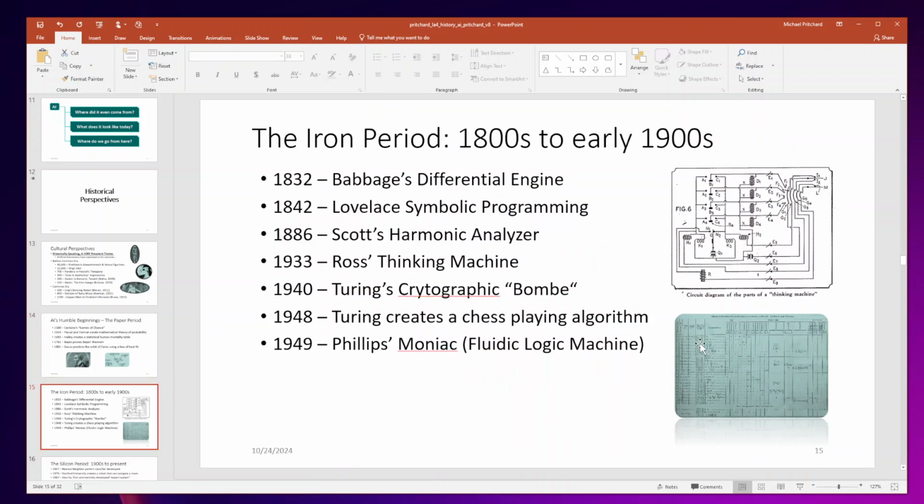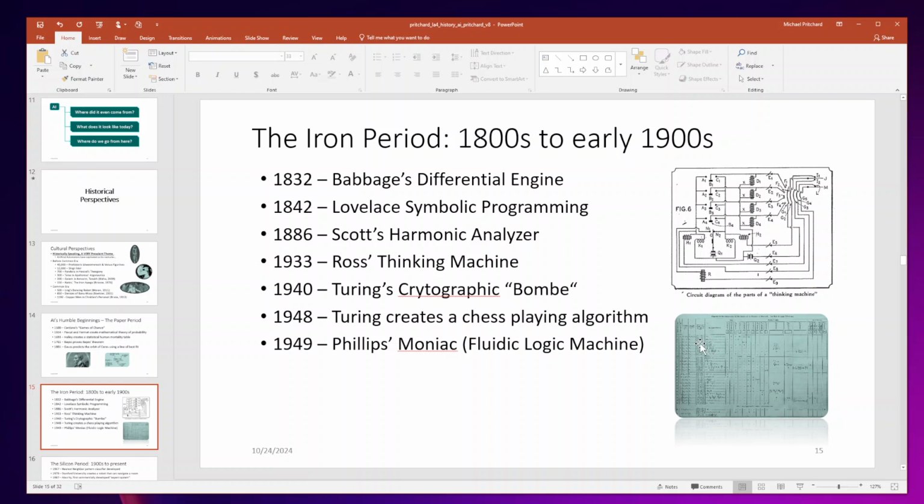And then we get into the Iron Period, where actual mechanical machines were created. In 1832, Charles Babbage created what was a difference engine. Ada Lovelace is largely credited with bringing symbolic programming into the forefront using Babbage's engine, although there's some conjecture that she was just publishing what Babbage already knew.